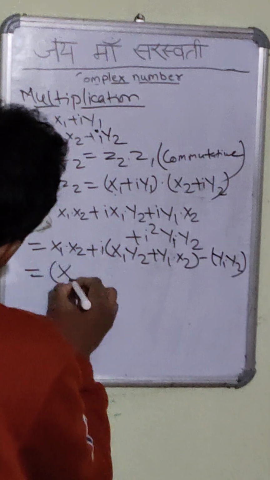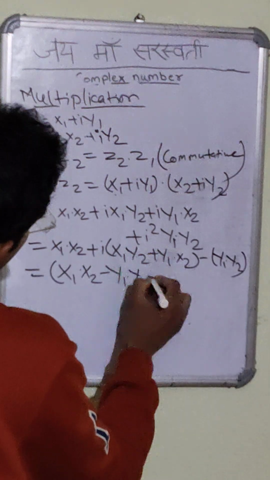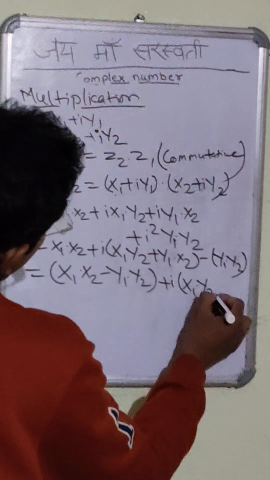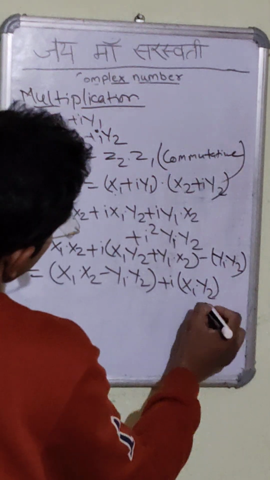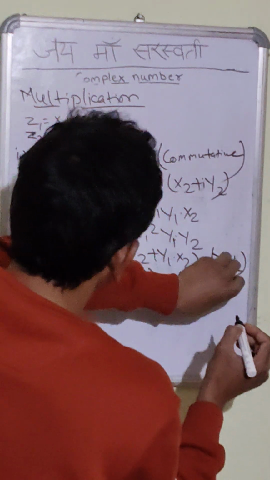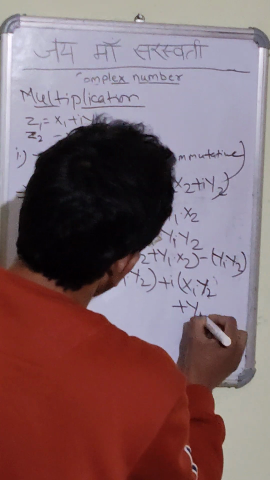So we see here x1 into x2 minus y1 into y2 plus i (x1 into y2 plus y1 into x2).